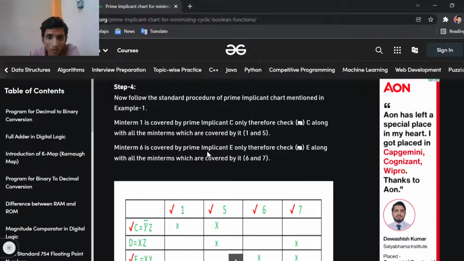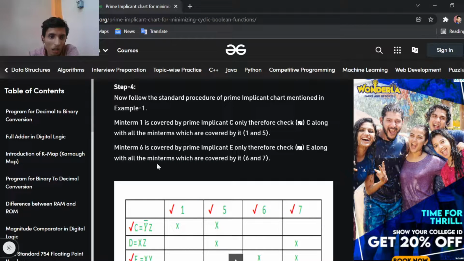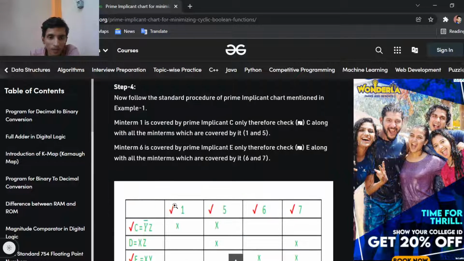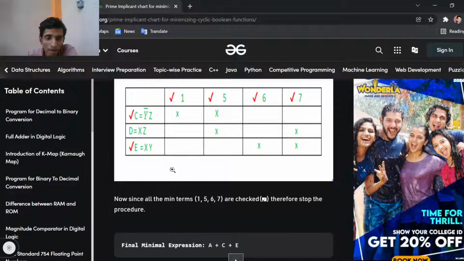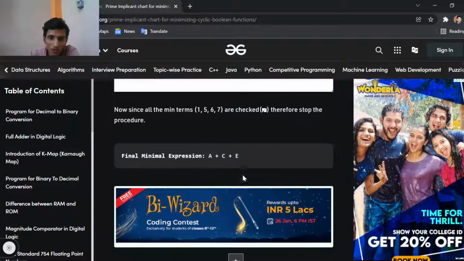Minterm 6 is covered by prime implicant E only, therefore check E along with the minterms covered by it, that is 6 and 7. Now since all the minterms 1, 5, 6 and 7 are checked, stop the procedure. So the final minimal expression will be A plus C plus E.